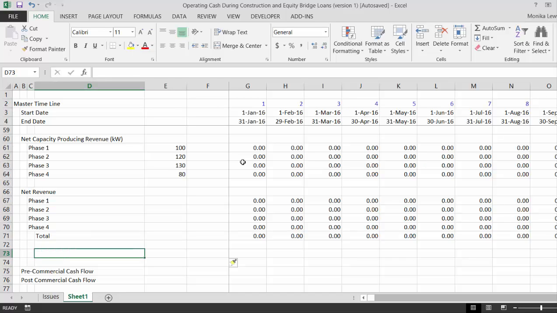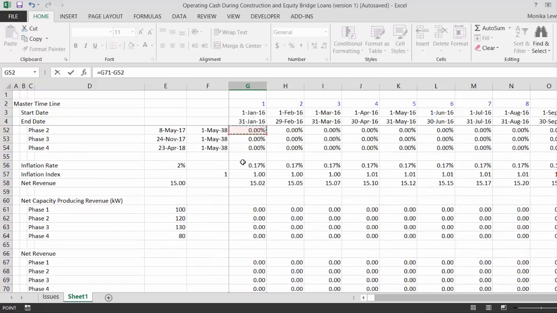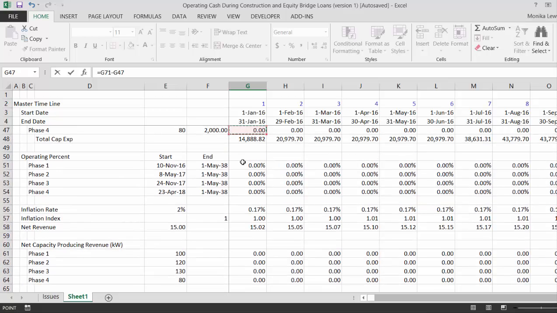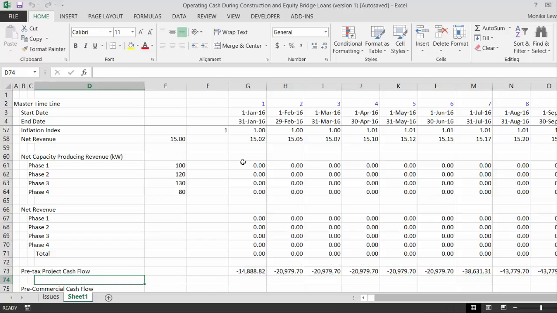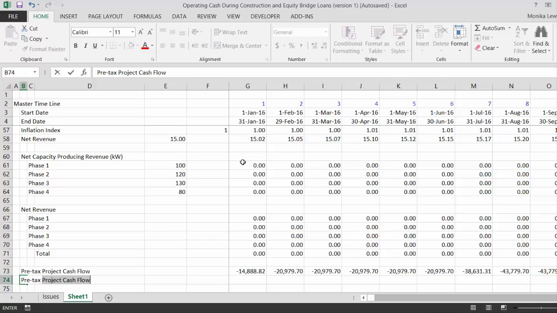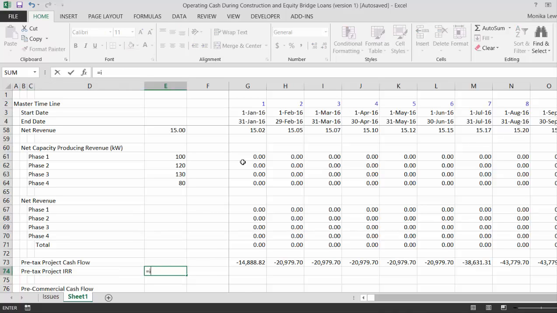Okay, now let's put pre-tax project cash flow, which is just this revenues minus this one. Now, there is absolutely no reason, I think, for IRR.